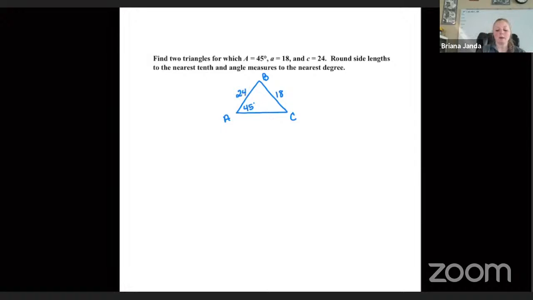Okay. I would have done the work to say, okay, what's my opposite compared to my adjacent? And that in this case is my 18 compared to my 24. Well, my opposite is less than my adjacent. I would have gone and found the height of this triangle. And just to speed this up, your height ends up being 17. Opposite compared to your height then, oops, 17 is greater.